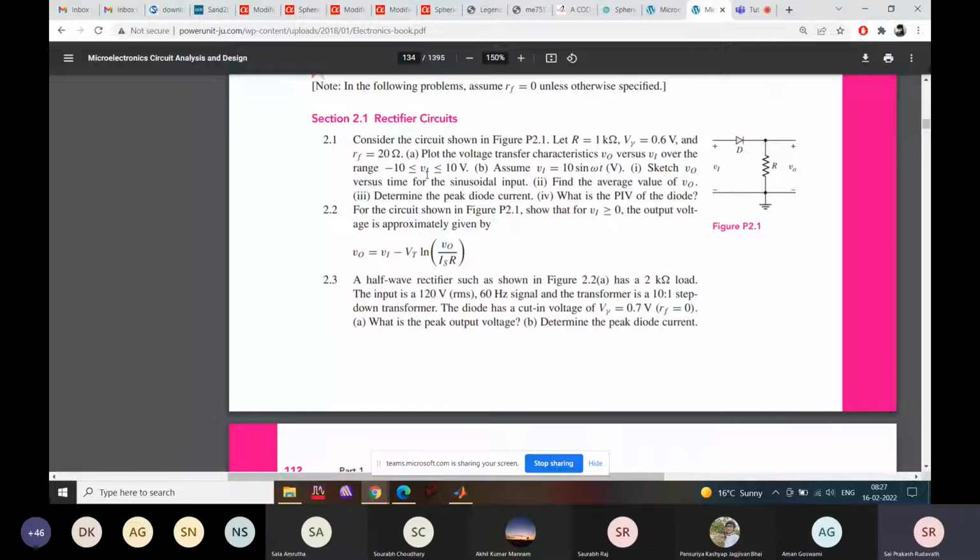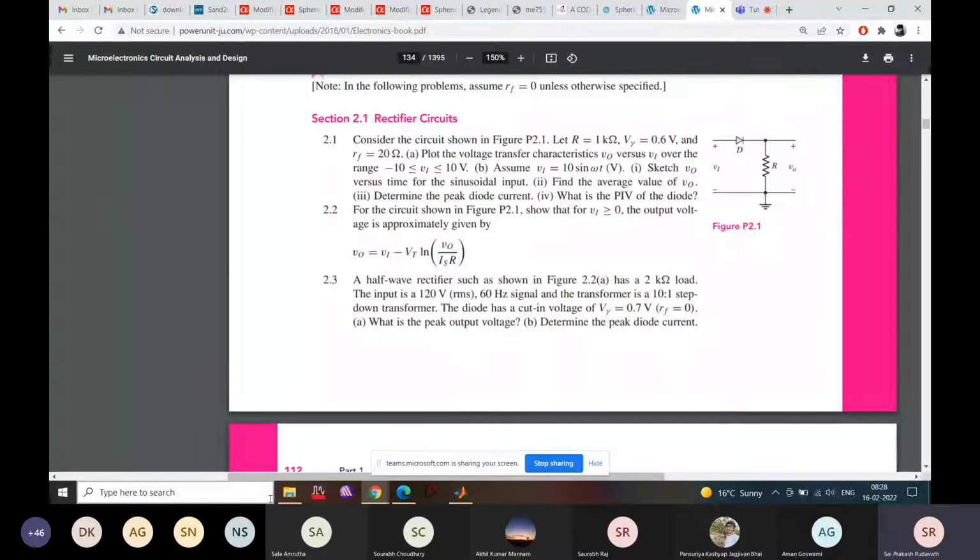Okay. So what's the output in forward bias condition? Just calculate using the voltage divider: R divided by R plus RF into VL.